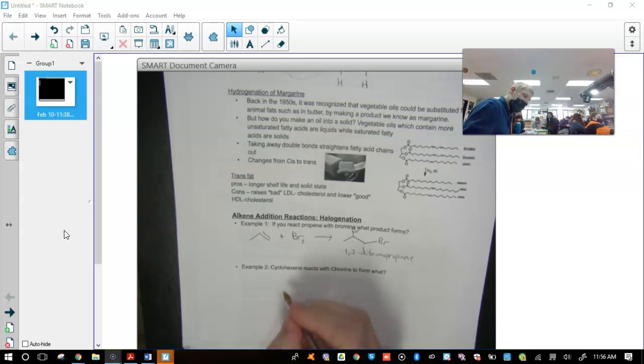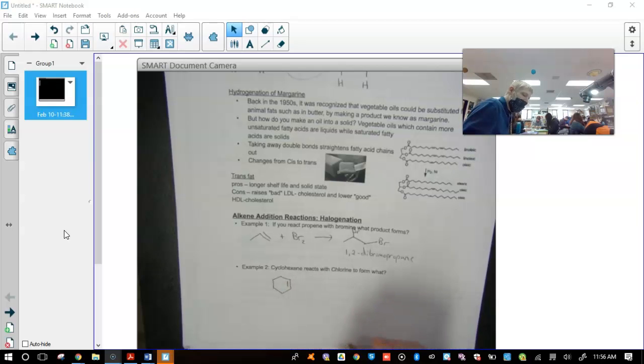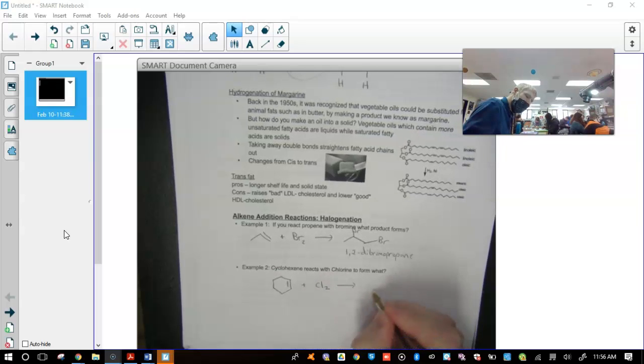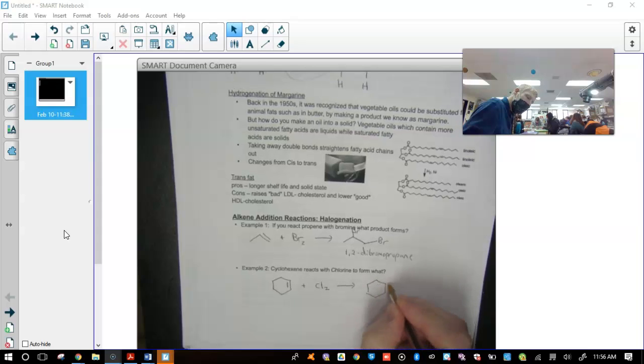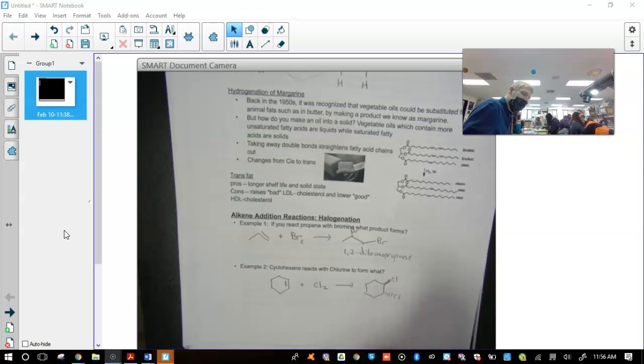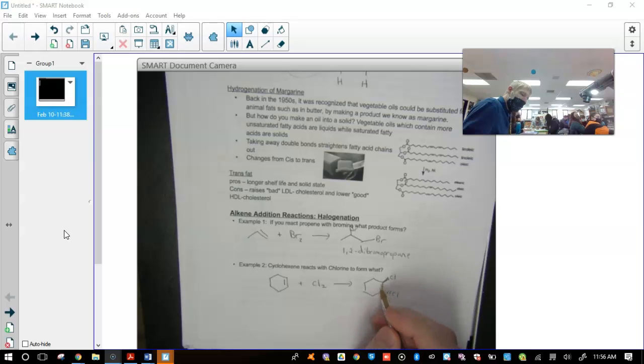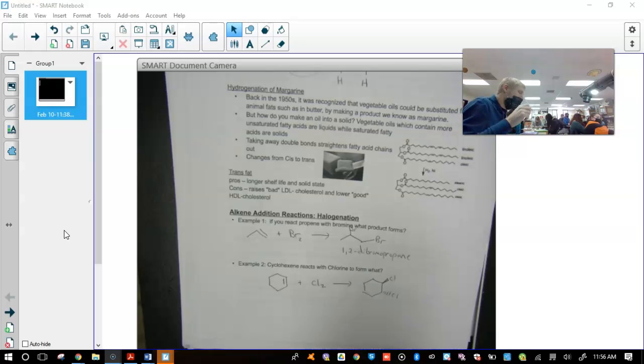We've got example 2, cyclohexene. There we go, double bond, and we want to add chlorine. If you didn't show the 3 dimensions, it would be fine. But when you have a shaded triangle, that means it's poking into the paper. And if you have a dashed triangle, it's popping out, like a pop-out book.